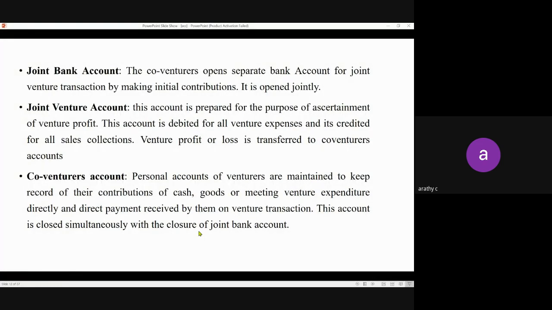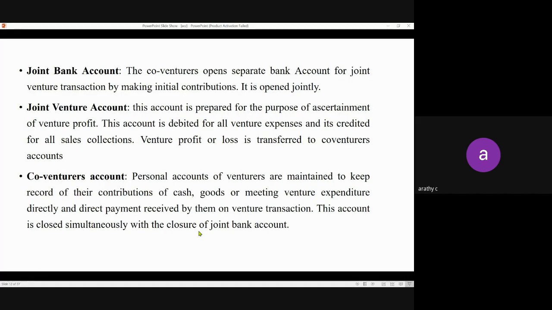The venture profit or loss ascertained from this account is transferred to co-venturers account. If there is profit or loss, then it is transferred to co-venturers account.